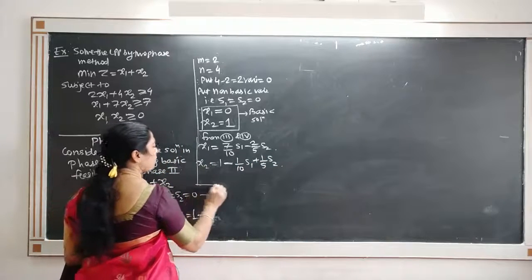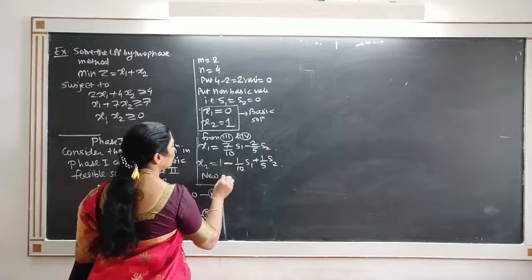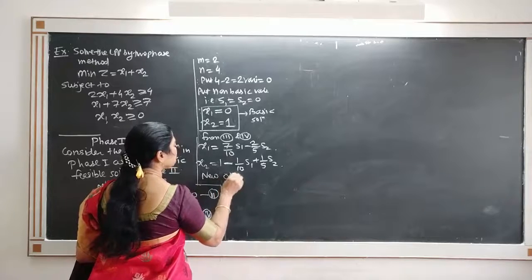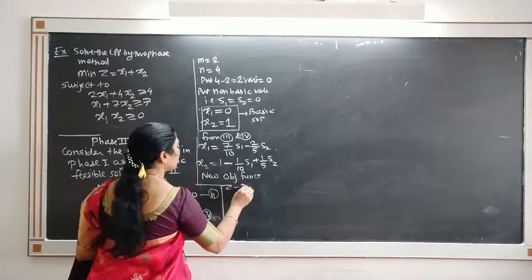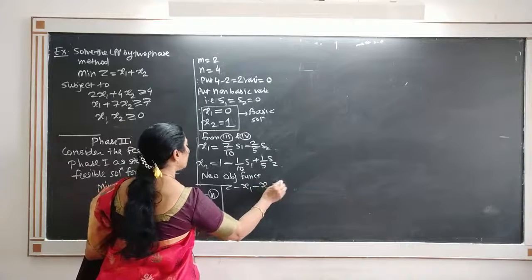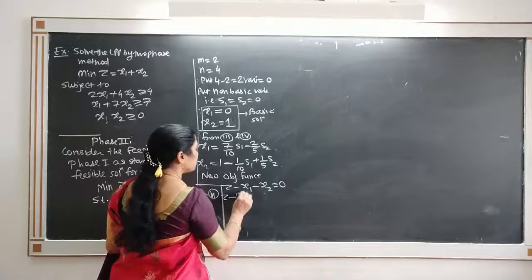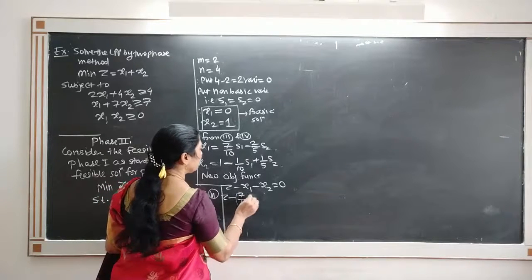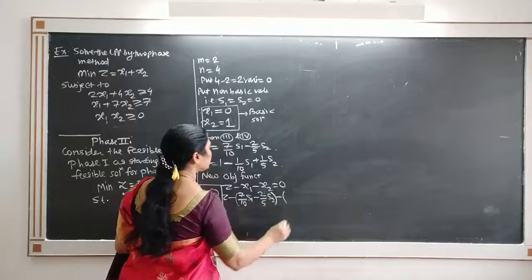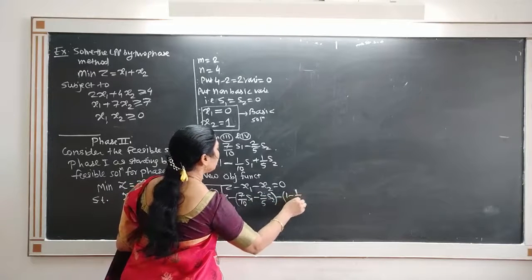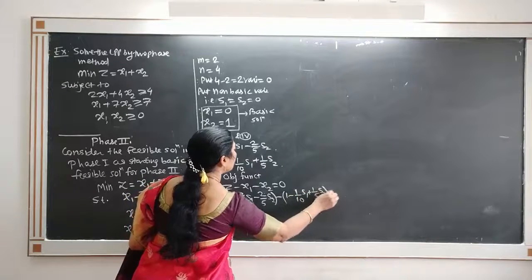Once we get values of x1 and x2, our new z row, new objective function becomes z minus x1 minus x2 equal to 0. Put the value of x1, x2. So z minus 7 by 10 s1 minus 2 by 5 s2 minus x2, which is 1 minus 1 by 10 s1 plus 1 by 5 s2, equal to 0.